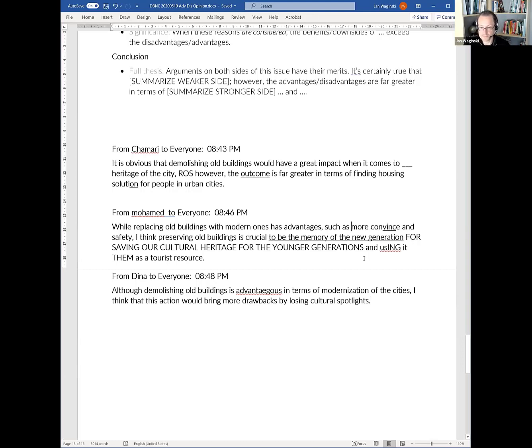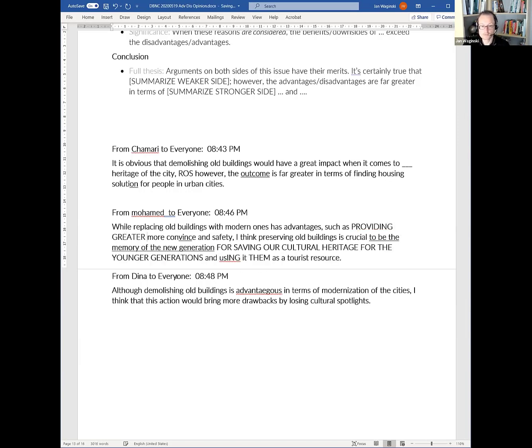Advantages such as providing greater, crucial, preserving old buildings. I'm not crazy about this.